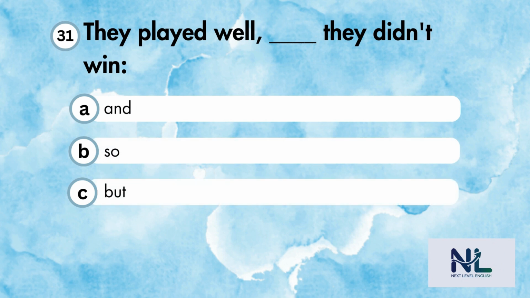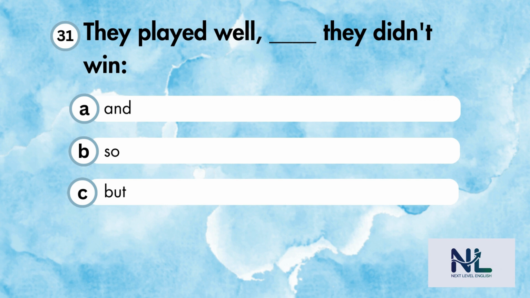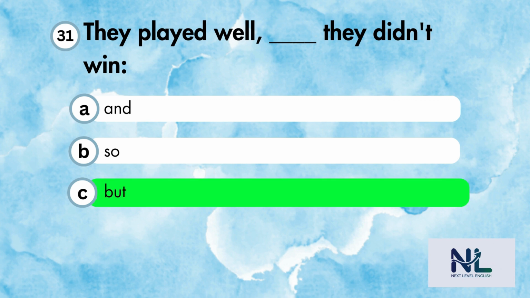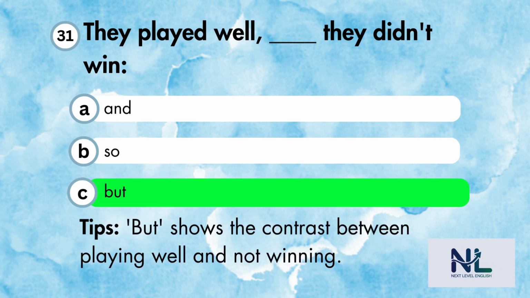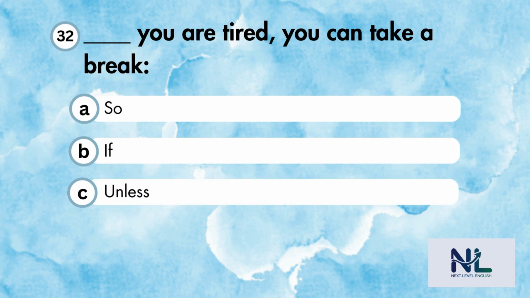31. They played well. They didn't win. But. Tips, but shows the contrast between playing well and not winning. 32. You are tired, you can take a break.